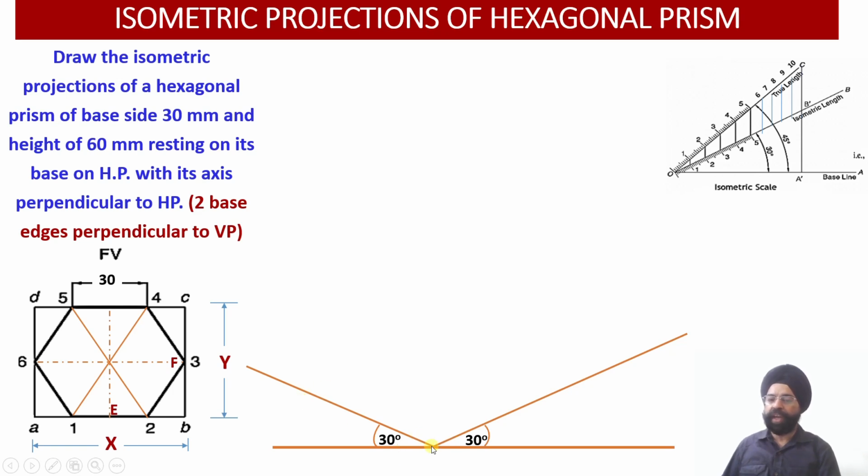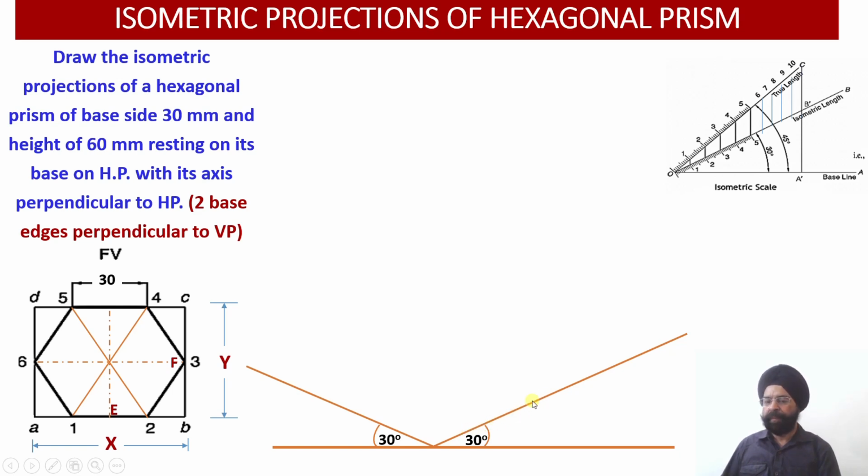Now if I locate my x dimension, that is the distance A to B, along the z-axis, please see what is going to happen. If I locate the distance AB along the z-axis, I will get the location of points 1 and 2 on this isometric axis.